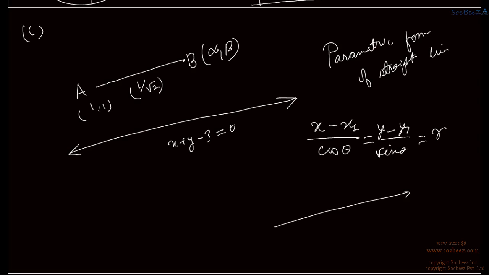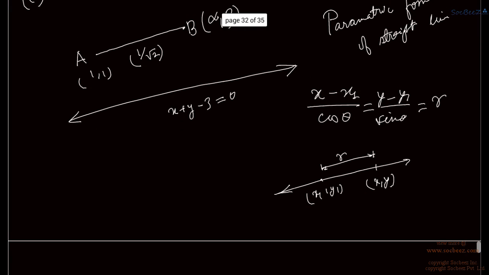Here is a fixed point x1 y1 and r is a variable parameter. As r varies we get a collection of points which forms a straight line. This is a point xy which is a moving point. So with this variable parameter r, this represents the parametric equation of that line.